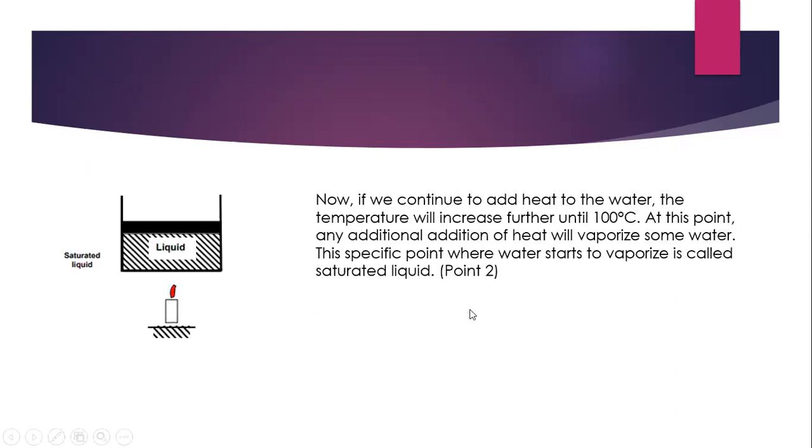In the next segment, heat continues to be added from 50 to 100 degrees Celsius. The water begins to gradually turn into vapor. At this point, we call it the saturated liquid point. Still, the volume undergoes change, but the pressure is kept constant.